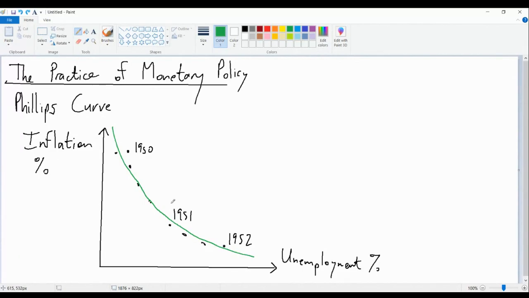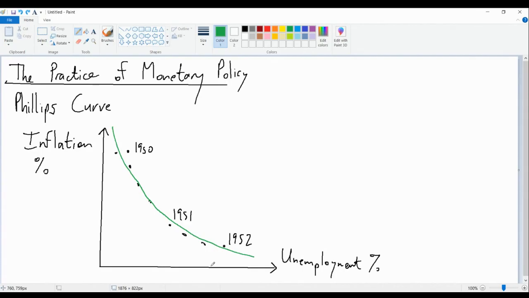Central banks don't like either of these things, but what the Phillips curve seemed to suggest was that if you really hate unemployment, you can get unemployment as low as you like, but it'll be at the cost of high inflation. Or alternatively, if you really hate inflation, you think that's the priority, you could get it low, but the cost of doing that would be high unemployment.